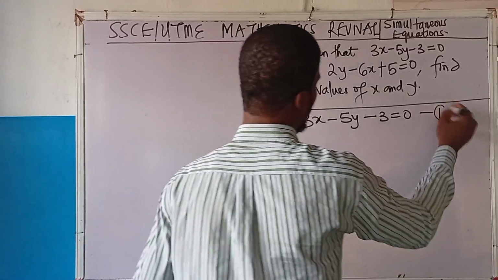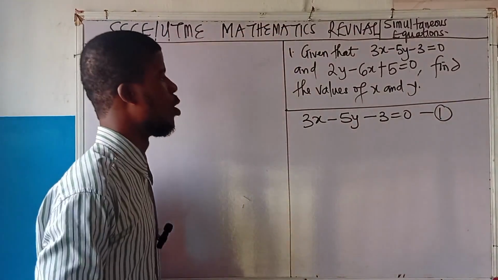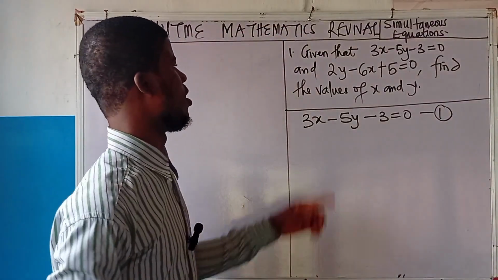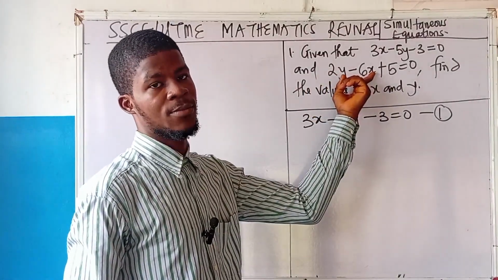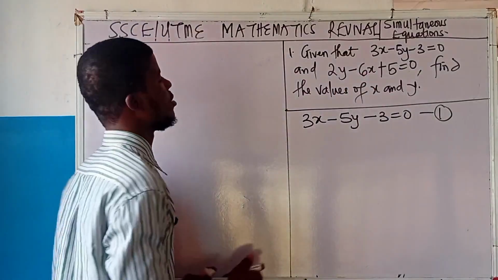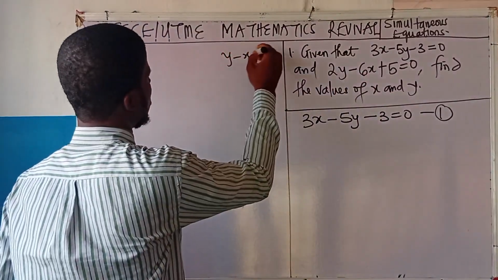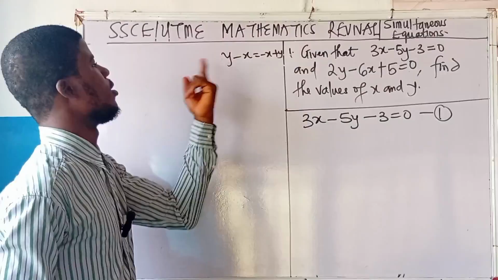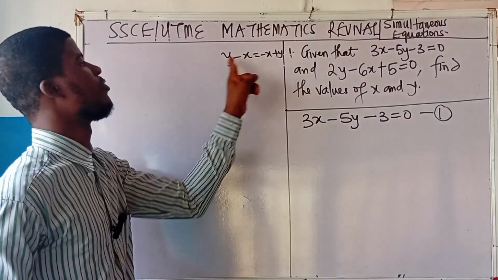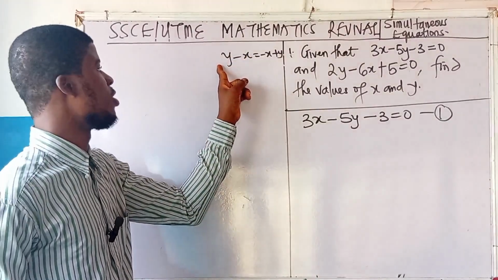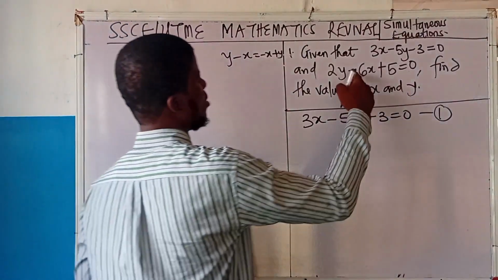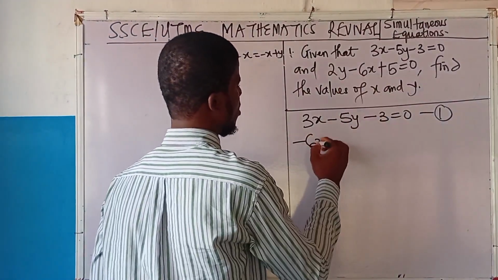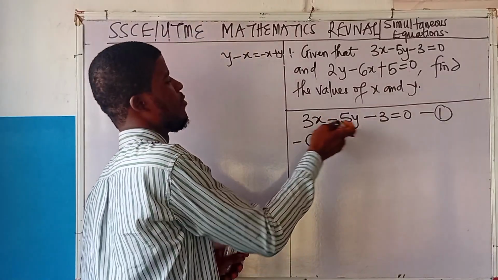This is equation 1. In the second equation, what you will see is that the term in y comes before the term in x. So I can write the minus 6x before the y, because x came before y in the first equation.